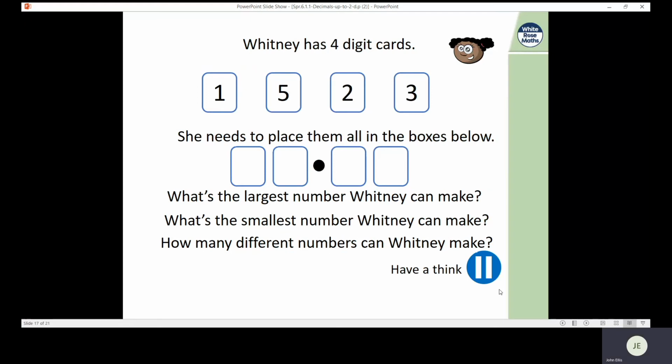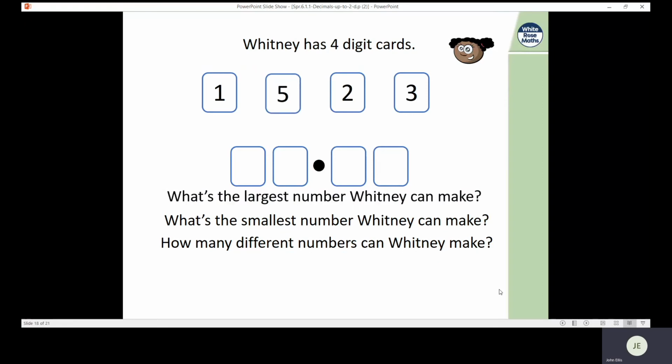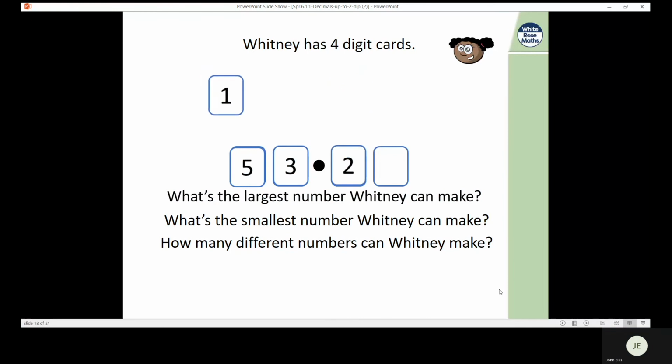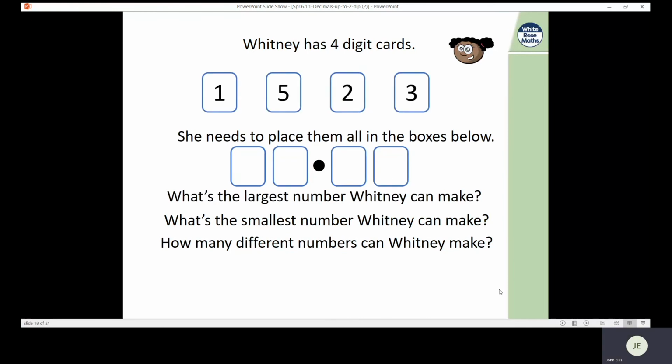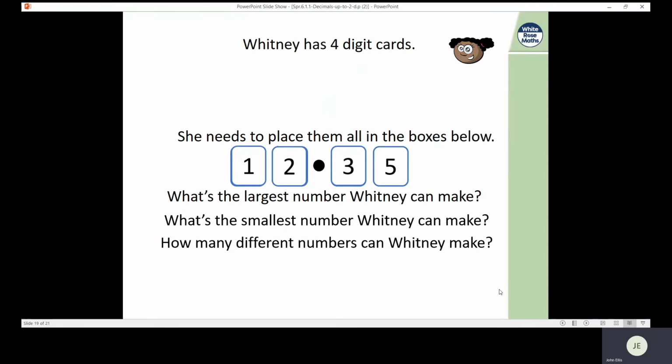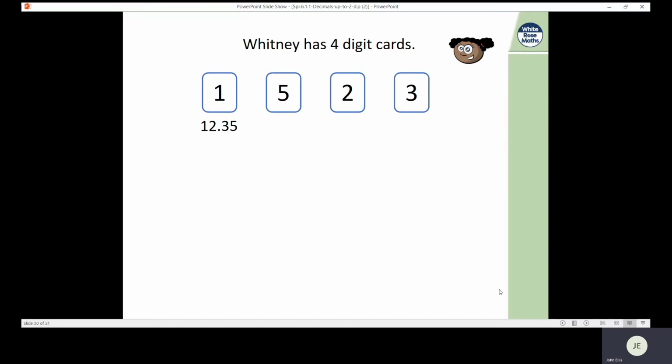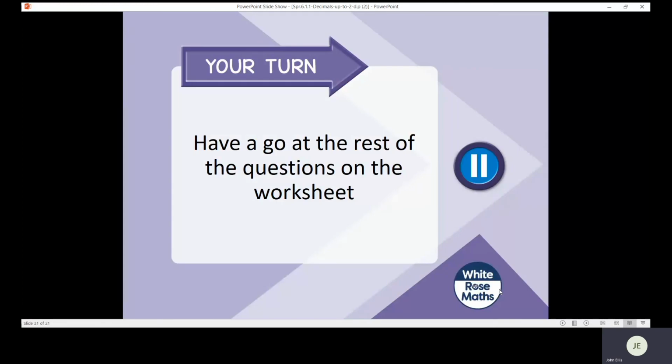Pause the video, please, because I'm aware my videos are running on a bit, so I'm going to skip on a little bit. So moving on. The smallest, see, she's going to go 1, 2, 3, 5. Okay. Lots of numbers. I'm going to skip them on.